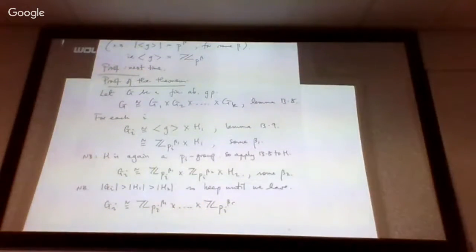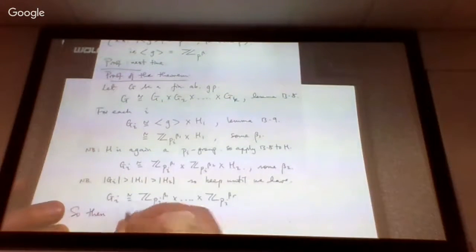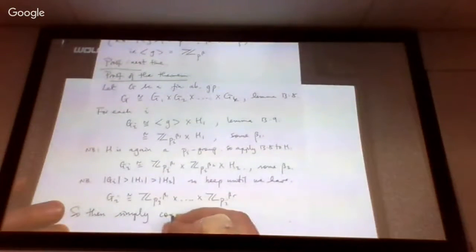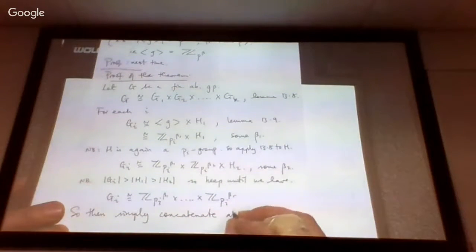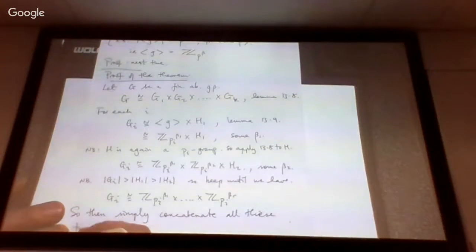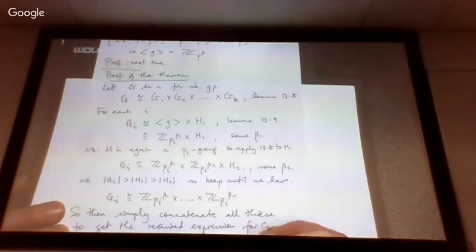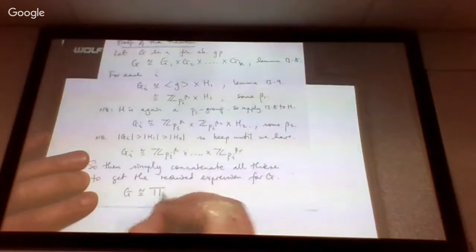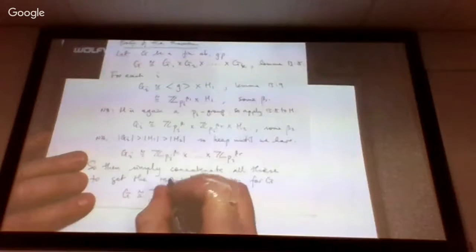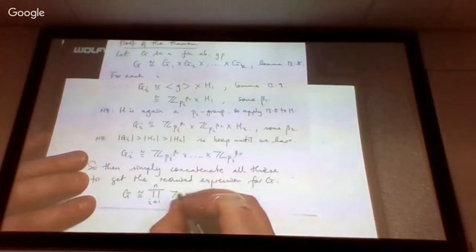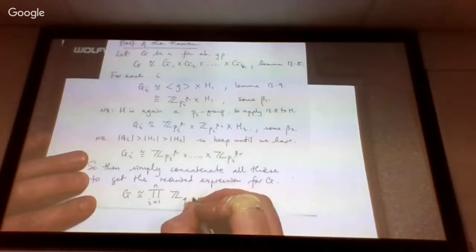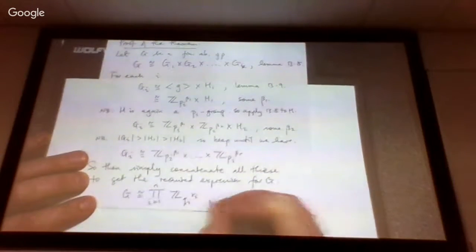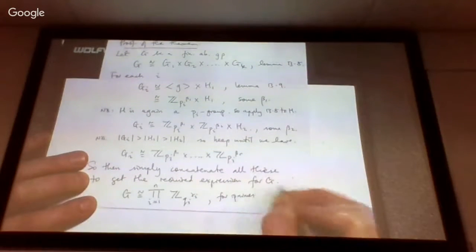So then simply, this is one of my favorite words, concatenate all these to get the required expression for G, which is demanded by the theorem, which says G is isomorphic to the direct product of Z_{q_i}^{γ_i}, for primes q_i, not necessarily distinct.